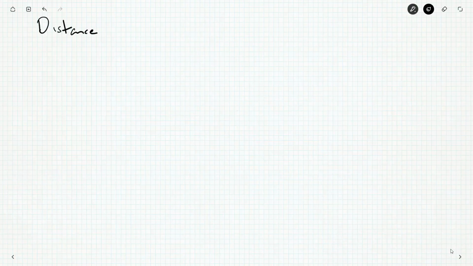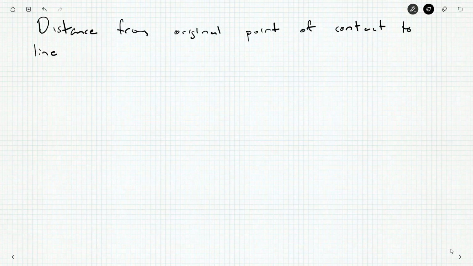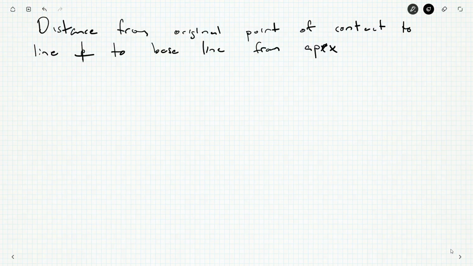So the distance from the original point of contact to a line perpendicular to the baseline from the apex, from the point where the semicircle reaches up and touches the other line, is 4/3 pi minus 4√3.